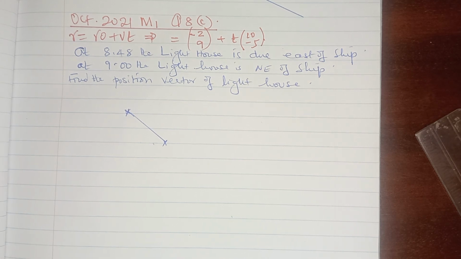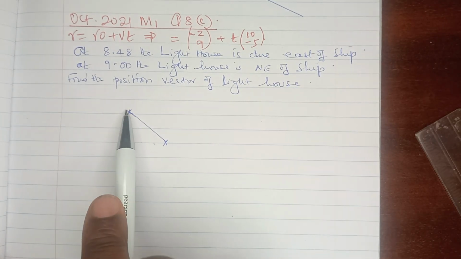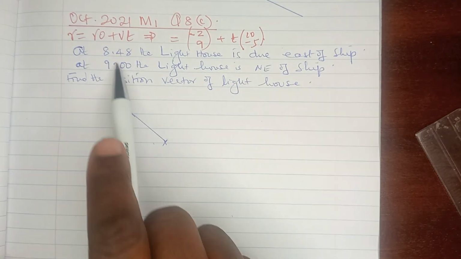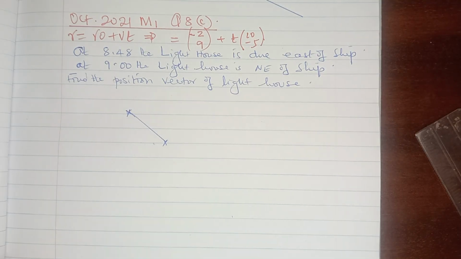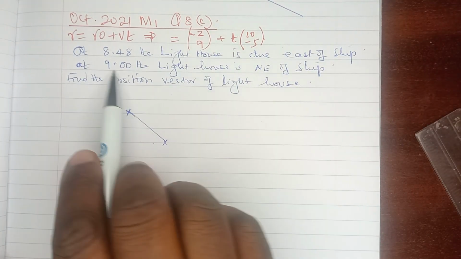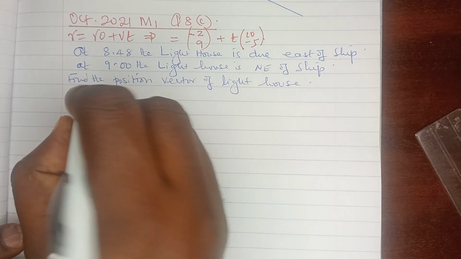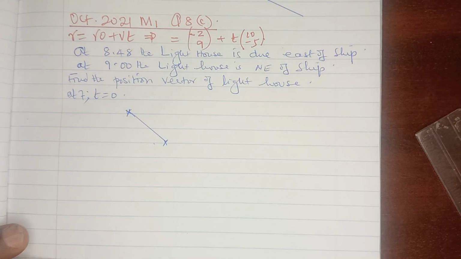We are told that at 8:48, the lighthouse is due east of the ship. The ship starts here and moves according to this direction. We know at 7 o'clock, t is equal to 0.